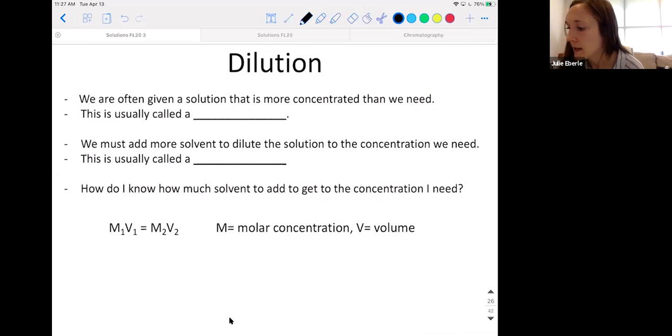All right, dilutions, especially true for clinics or hospitals. When you order things, you typically get a solution that is more concentrated than you would need, and we call this a stock solution.